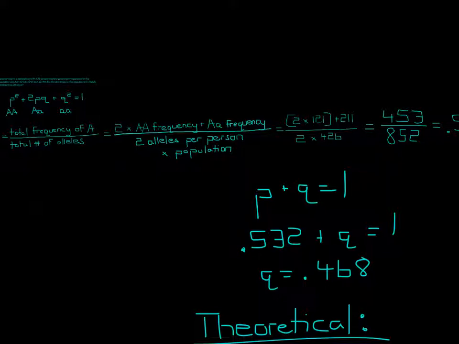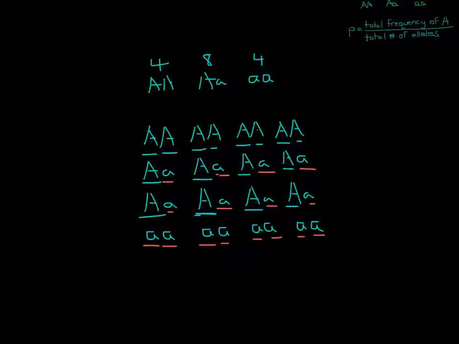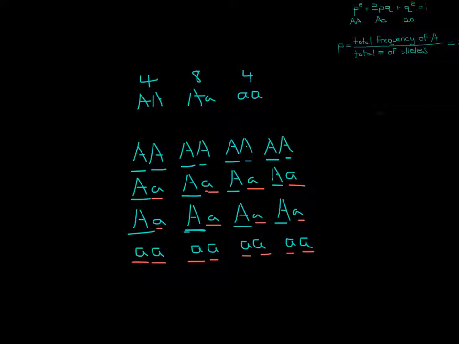And to illustrate that, the reason why we don't have to multiply by 2 or divide by 2 for the heterozygous is just the fact that we have a 50-50 split. So we have 8 people with a big A, little a. If I asked you, for the heterozygous population, how many big A's are there? Well, there's 8.